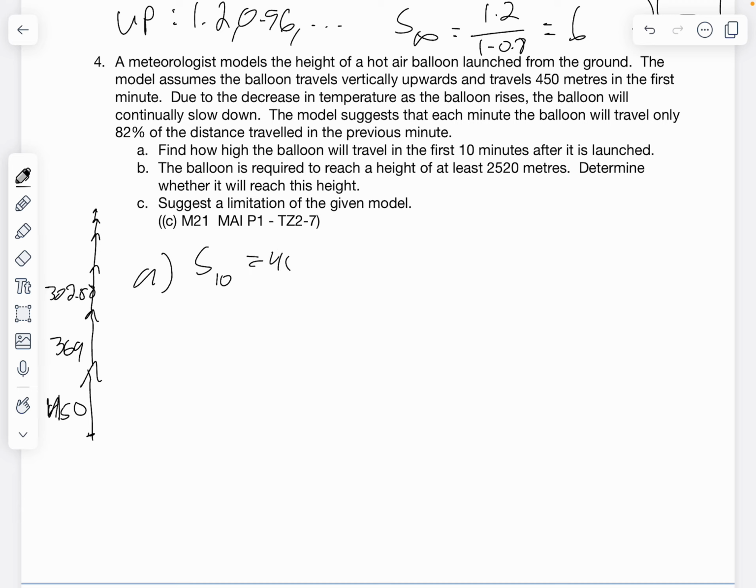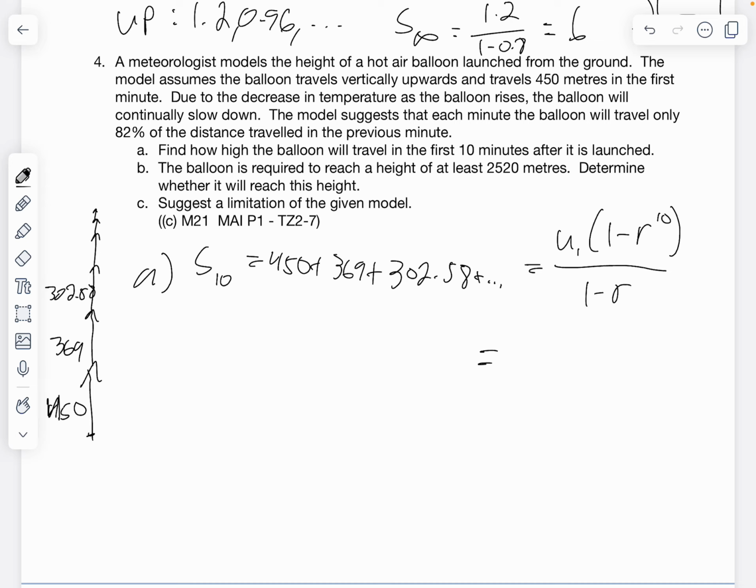So that will be 450 plus 369 plus 302.58, et cetera, up till the 10th one. I don't know what the 10th one is, but I don't have to, right? Because we know this is equal to u1 times, let's see, it's 0.82, so I'm going to do 1 minus r to the 10th divided by 1 minus r.